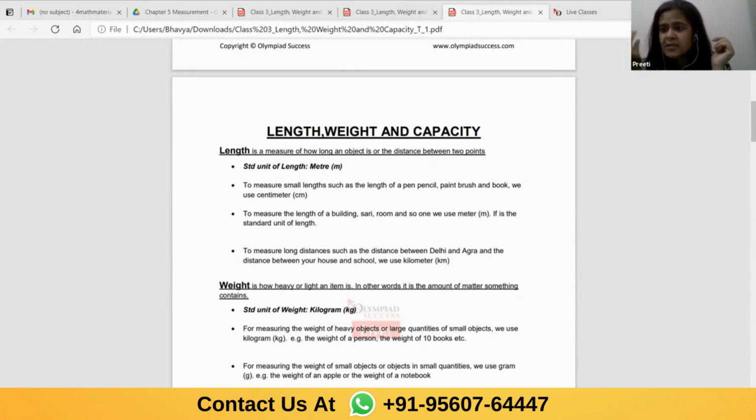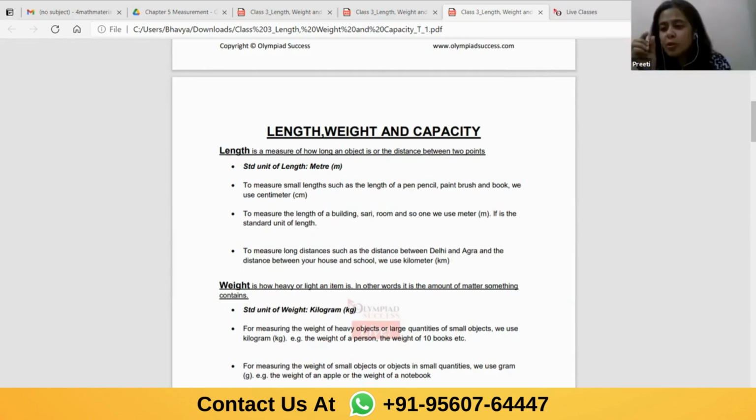No, this is all theory. In mathematics, how will theory work till the time we don't practice? Yes, Ribanta, what is it? I wanted to tell that for a small distance, we count it in centimeters, the middle distance we count as meters, and the big distance we count as kilometers.